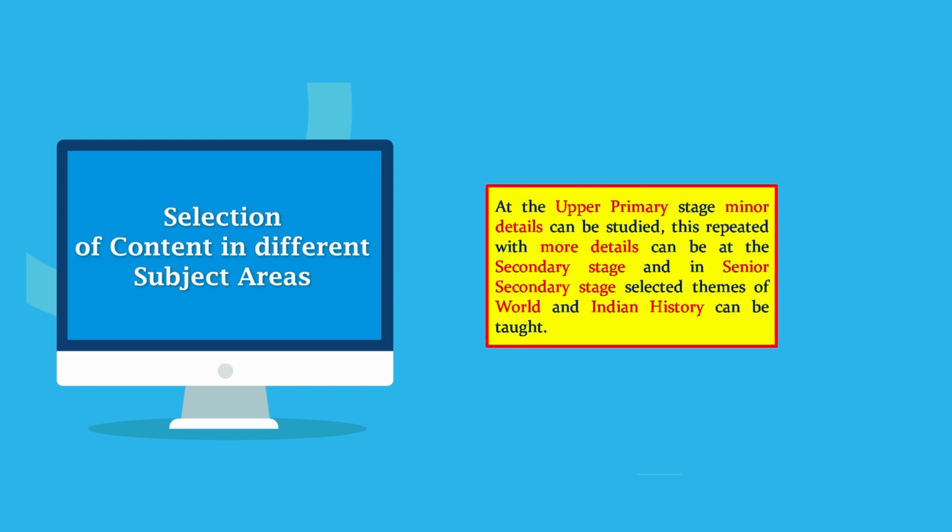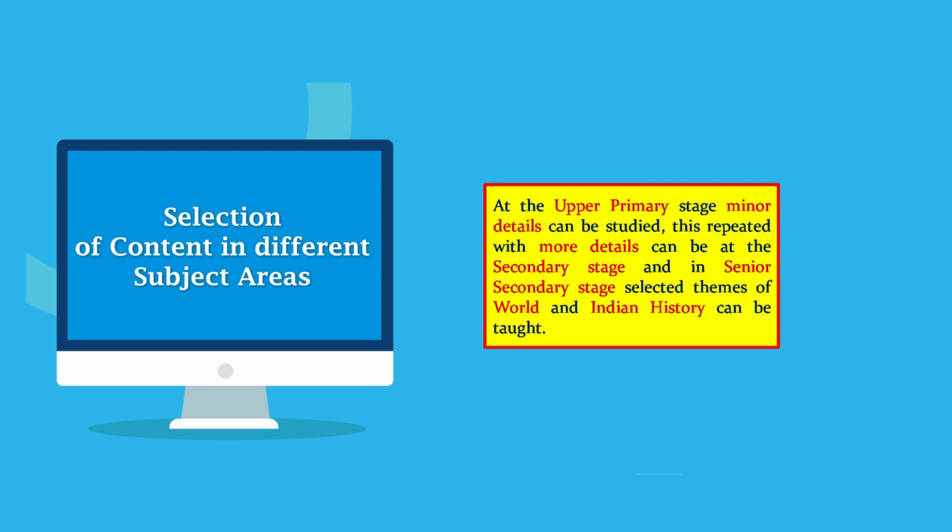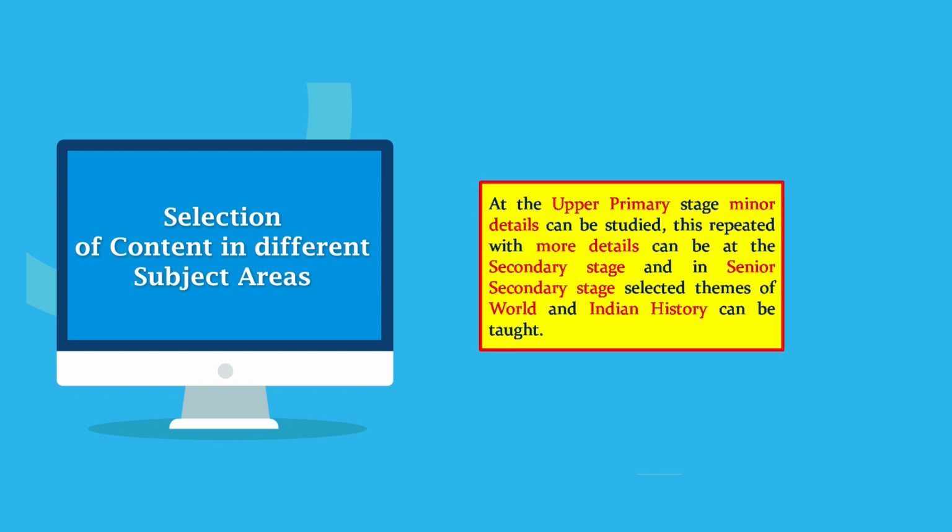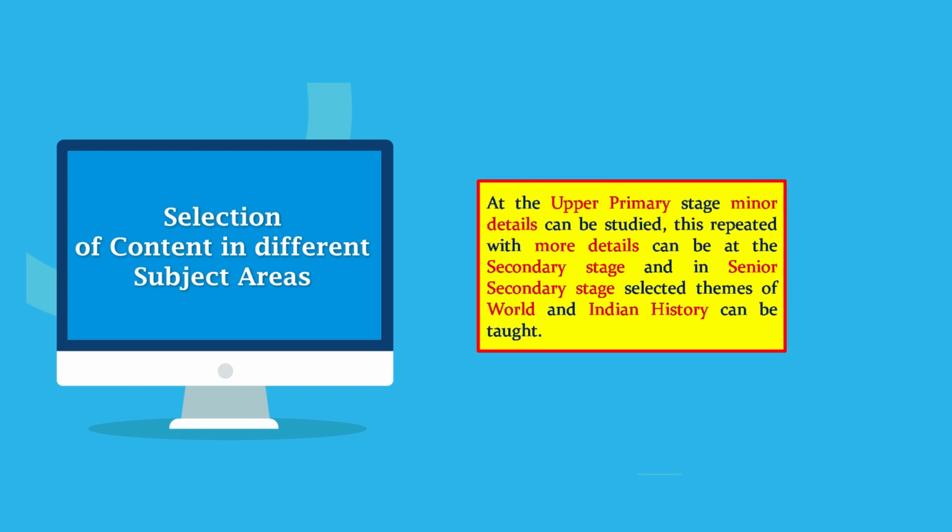Then further, just to conclude, let me give the concluding remark here. At the upper primary stage, so far as school curriculum is concerned, if I give the example of Indian history, you will find that at the upper primary stage, minor detail can be studied, and this can be repeated with more details at the secondary stage again.